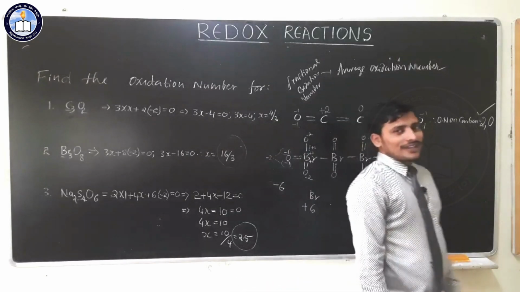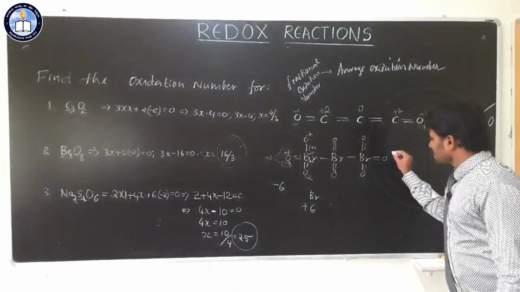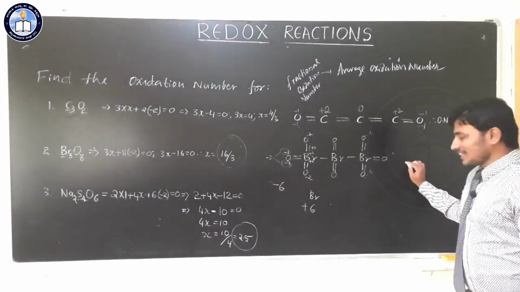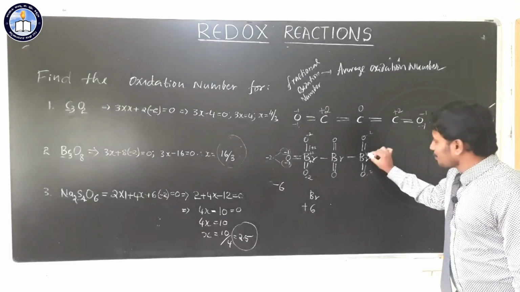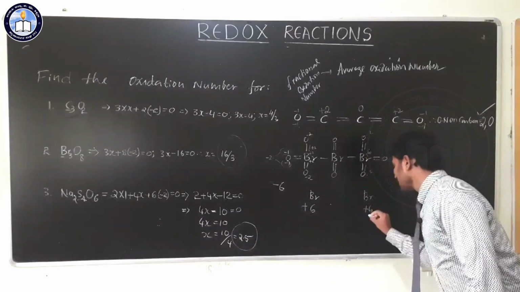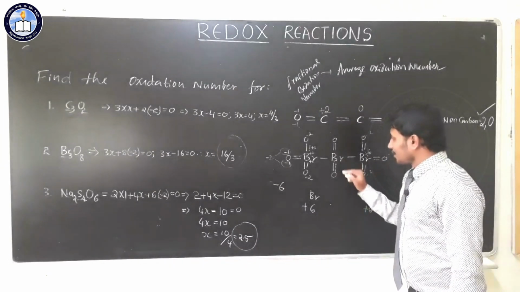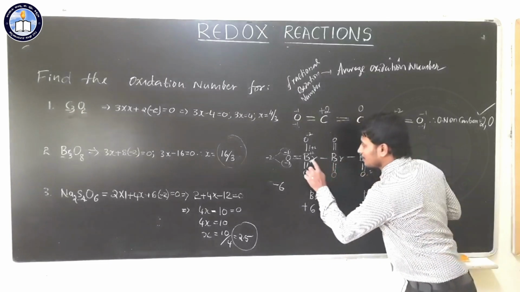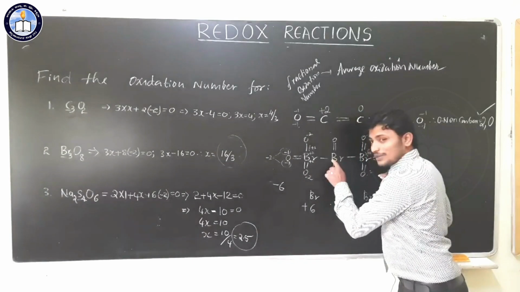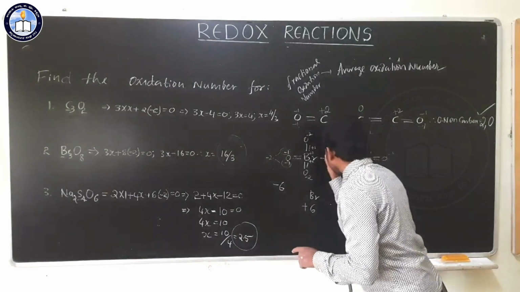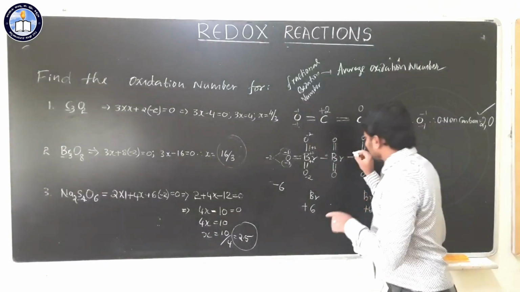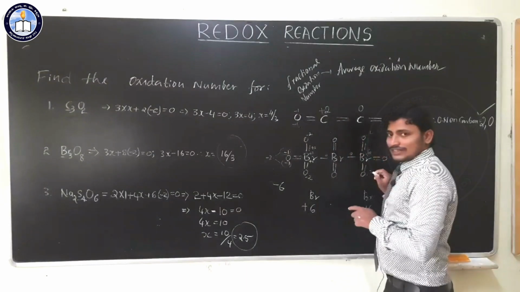In this case also the same thing: -2, -2, total -6, therefore here is +6. Same for this Br, equal to +6. What about this Br? The bond is with a similar element, hence its oxidation number is 0. From this end it is 0. This Br formed a bond with another Br, therefore again we take it as 0.